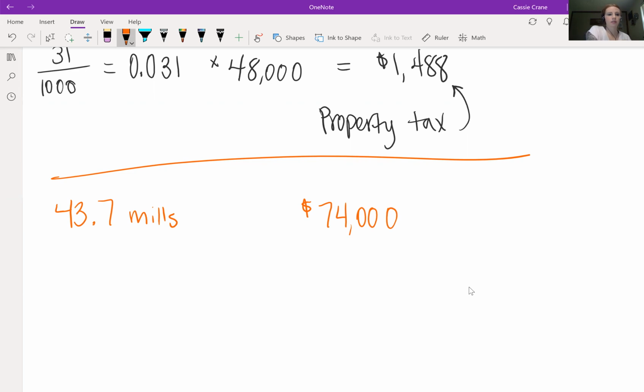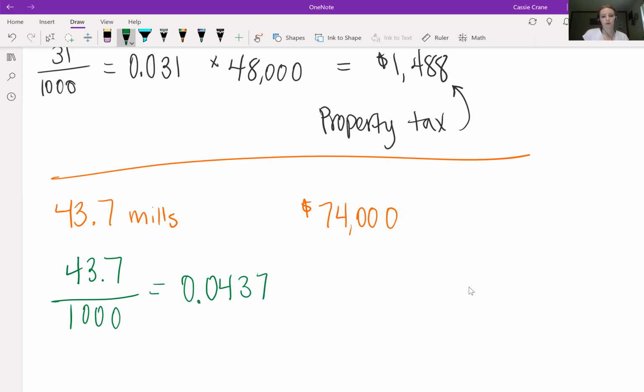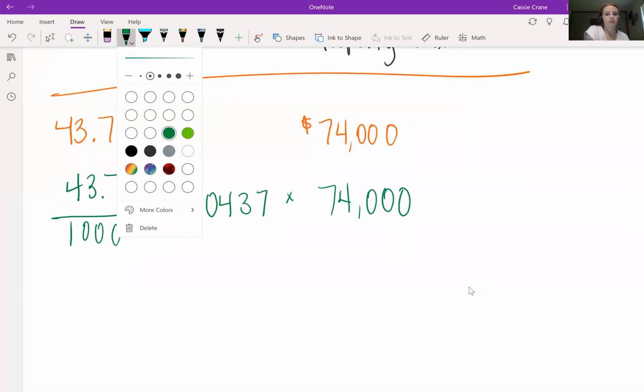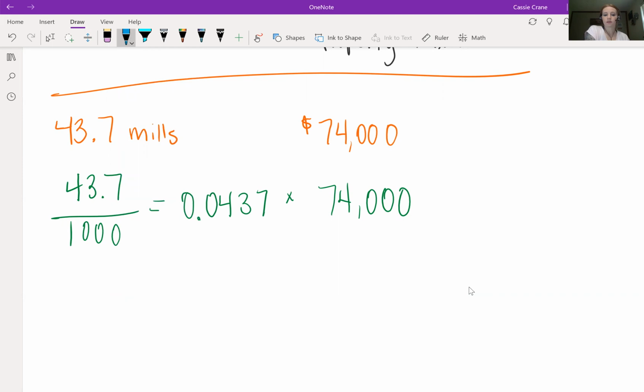Same thing, we're going to set up our mills over 1,000 to get that decimal form, 43.7 divided by 1,000, which is equal to 0.0437. And then multiply that by the value of the home. That'll give us our property tax, which in this case is $3,233.80.